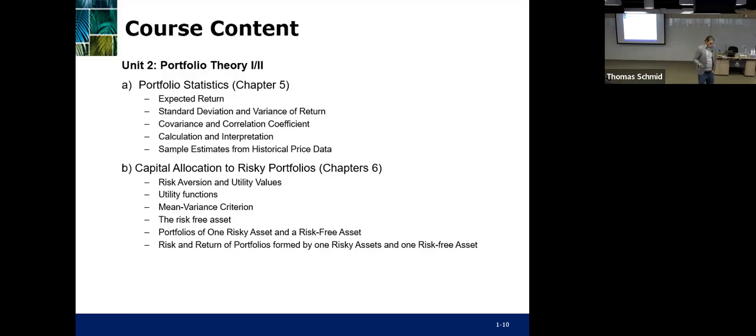Yes. The time horizon, right? How far back do I go in time? And this is probably the toughest one. Because there's a big trade-off. If I use a very short time period, if I only go back, let's say 6 weeks, there's a lot of noise. It's not clear that these 6 weeks are representative for the stock of Microsoft. So let's think about the other extreme. I go back 30 years.